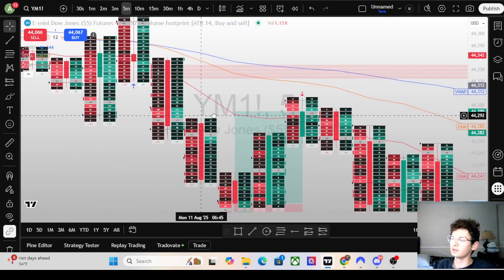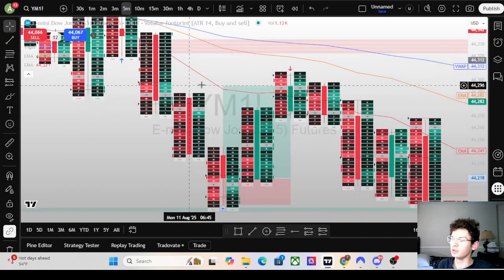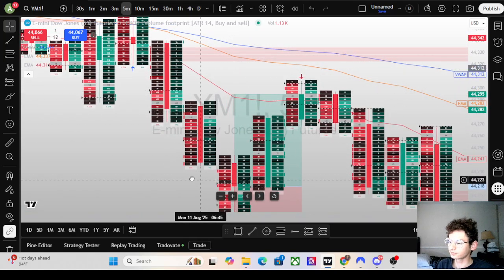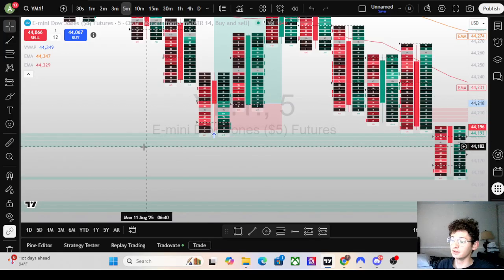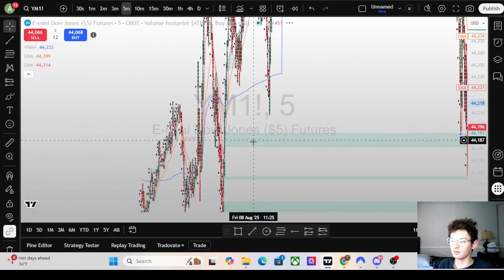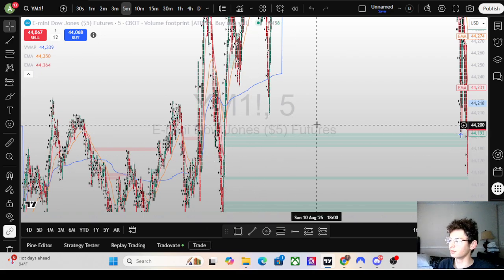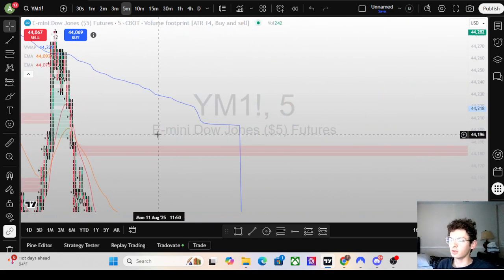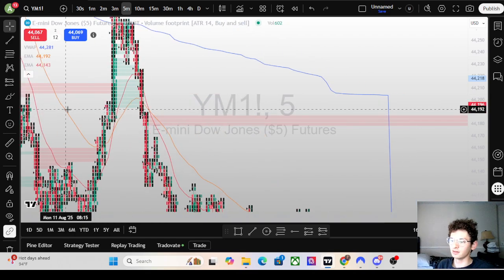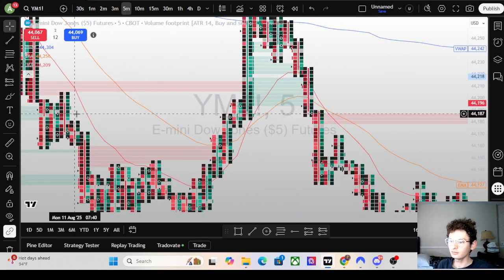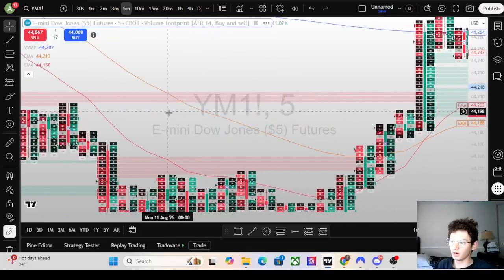So I saw that we had a move down, and afterwards we headed into these imbalances. If I zoom out, you can see there are stacked imbalances right here. Upon these stacked imbalances, I noticed that we rebounded off of them.